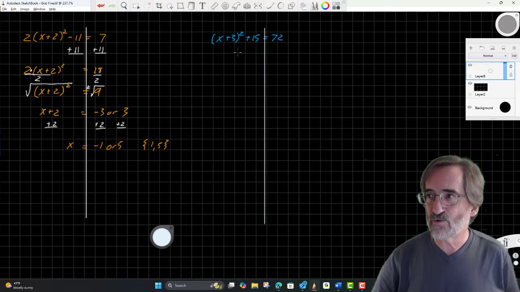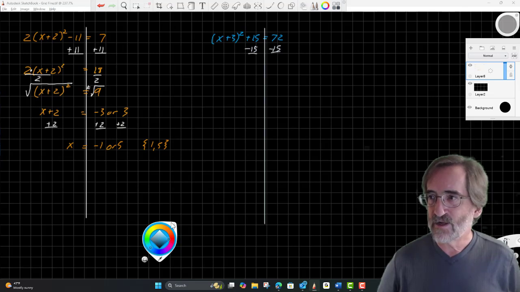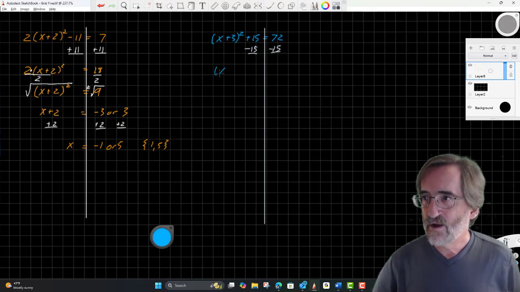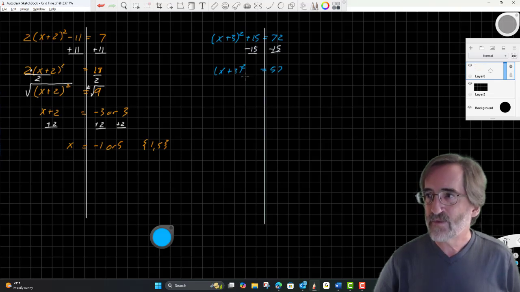Work in reverse order, balance, do the same thing to both sides. So minus 15. We start with the 15 because it's farthest away. Minus 15. X plus 3 squared equals 57. 72 minus 15 is 57.